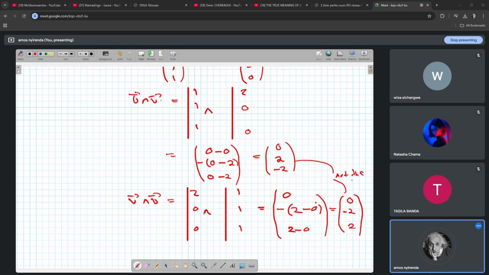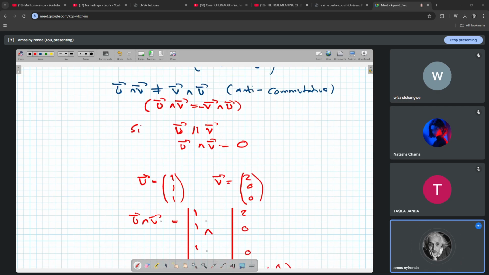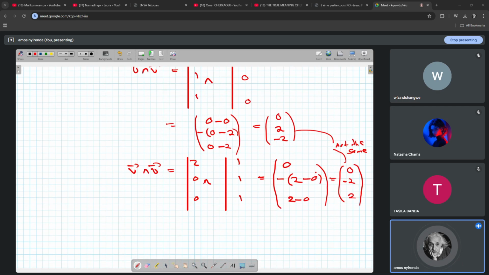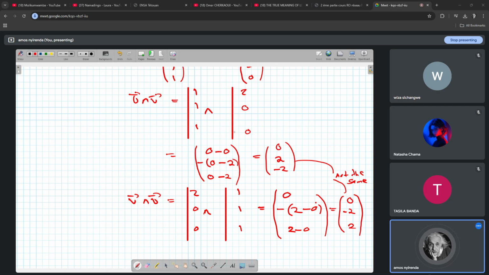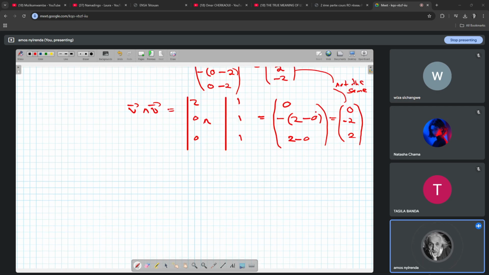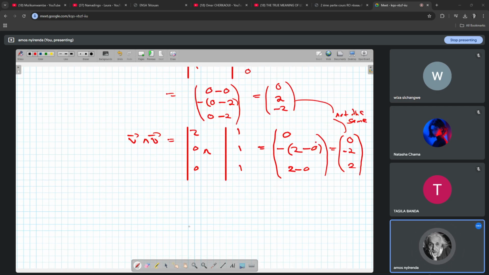They are different. Okay. Now let's calculate minus v vectoriel u. What is minus v? I'm going to multiply negative 1 with every component; I'm going to distribute minus 1. So what is minus v vectoriel u?